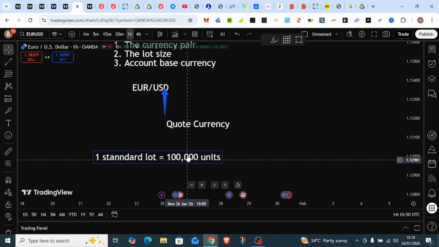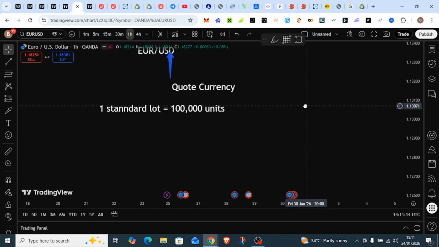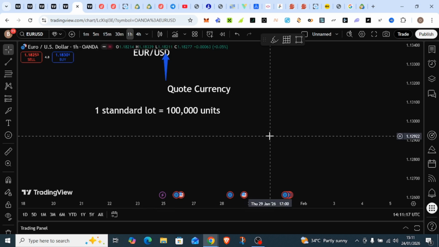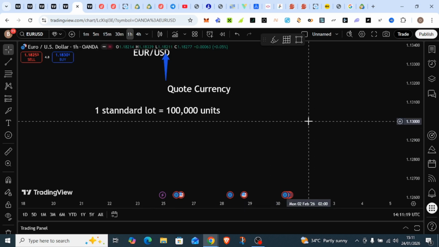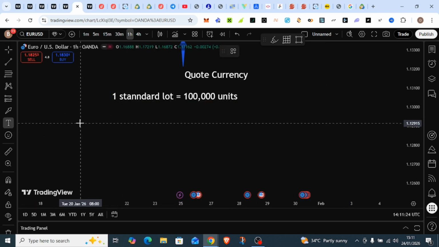So take note of this. There are two conditions upon which we are going to calculate this Pip value. Let's take the first one.